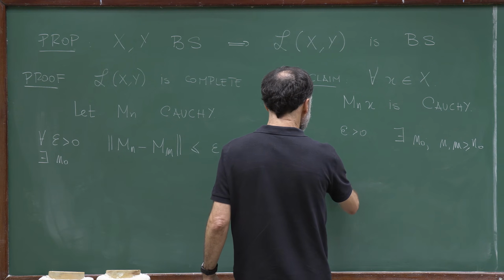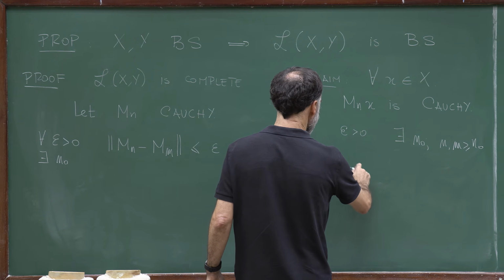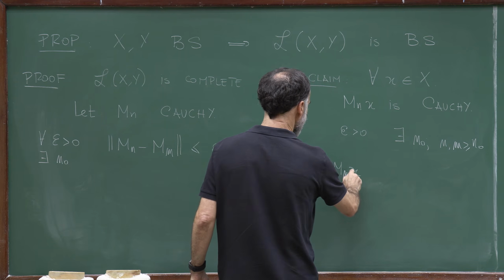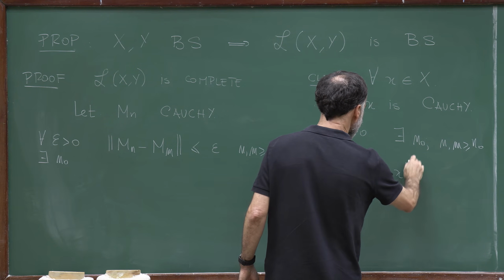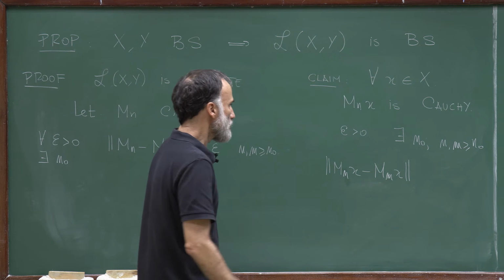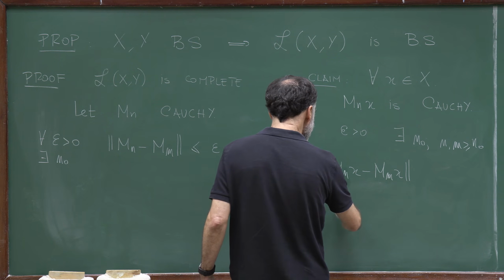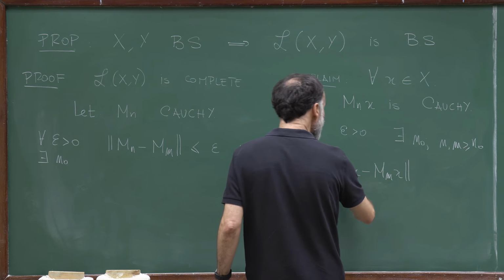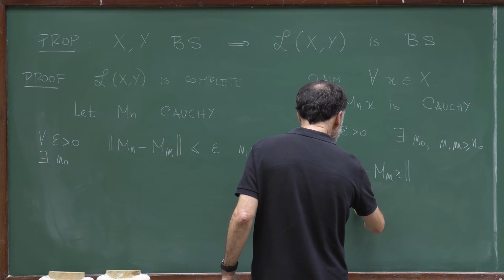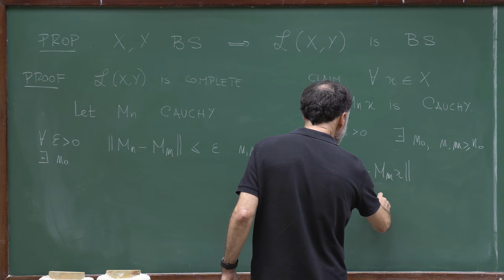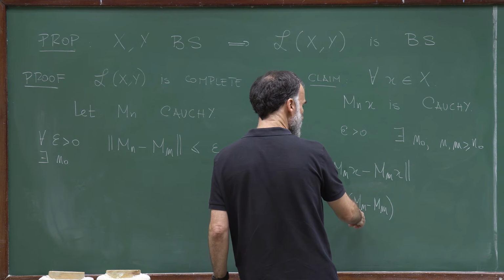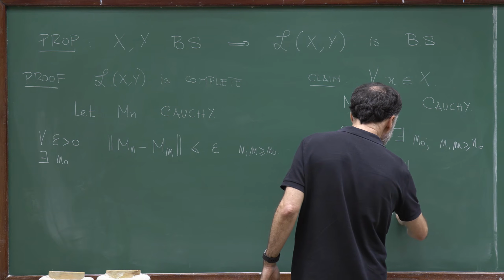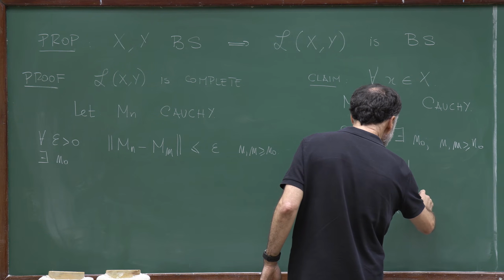So now I consider Mnx minus Mmx. By linearity, or by definition of the operator Mn minus Mm, this is the operator Mn minus Mm applied to x.